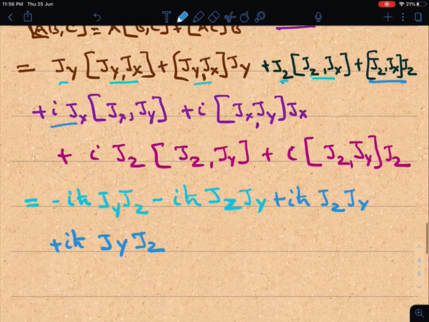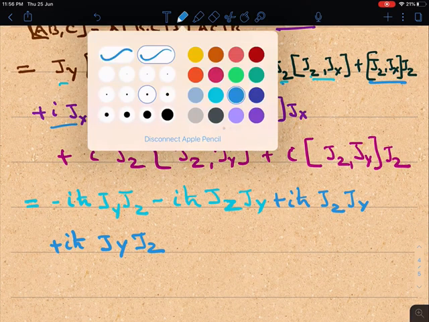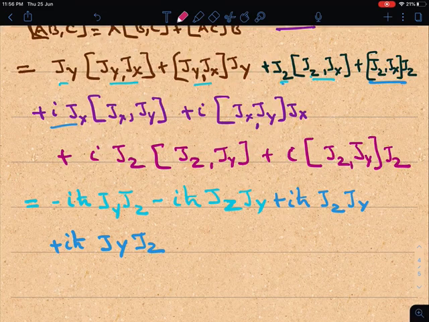Again here, the i terms: plus i Jz, look here, z y, so it is an odd permutation. Oh, I forgot this term, I have to write it down, it is i Jx.